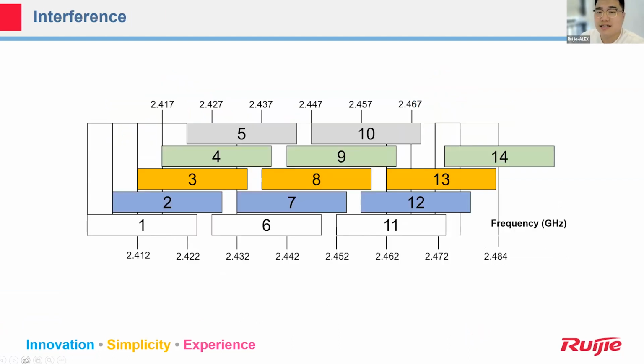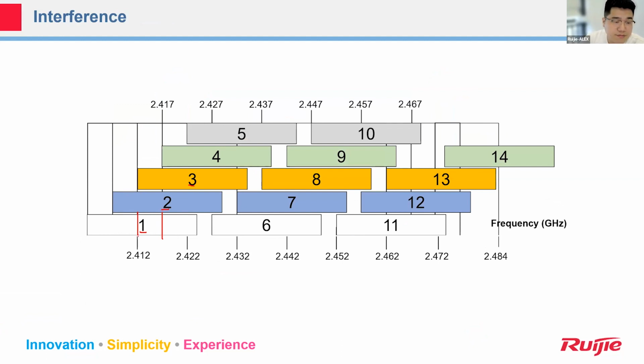Here, what you can see is the 14 channels in the 2.4 gigahertz band. You can see this is channel 1, channel 2, channel 3. The center of channel 1 and the center of channel 2 are 5 megahertz apart from each other.